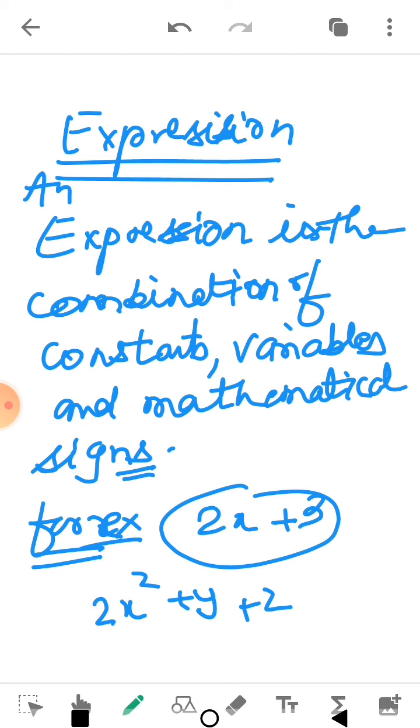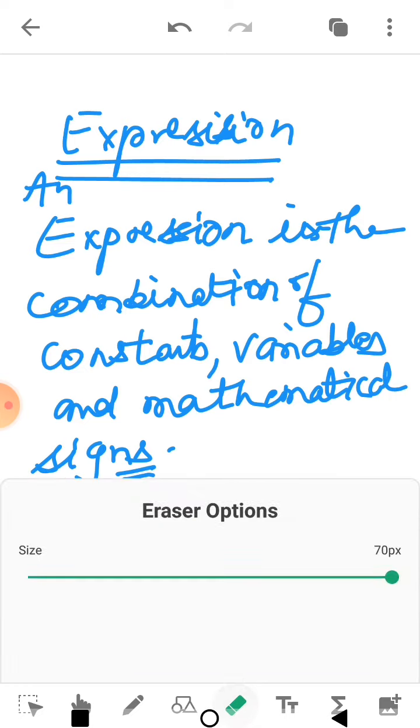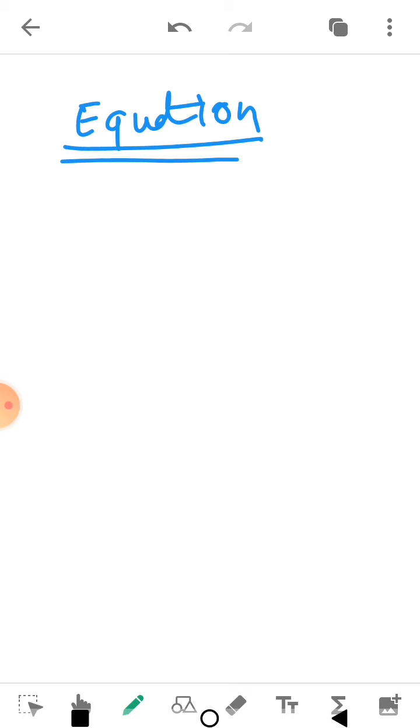Okay, now we shall study about the linear equation. Equation is actually also a form of an expression, but there is an equality sign between two expressions.